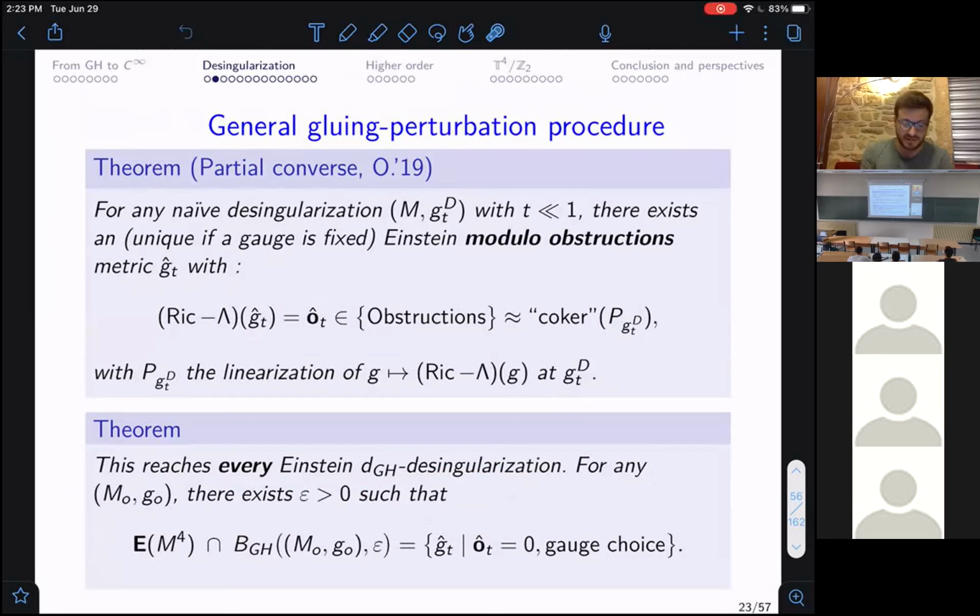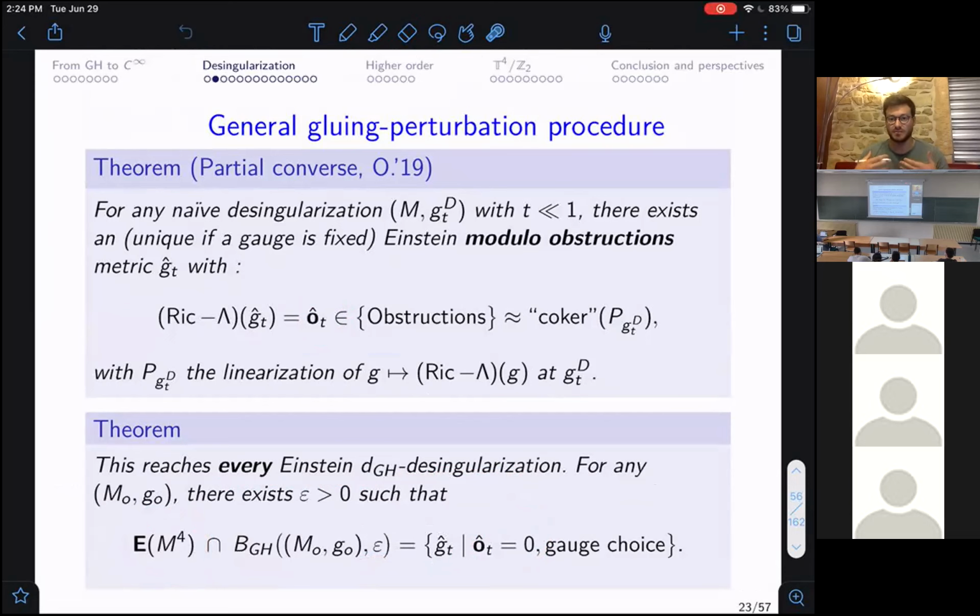So we have constructed every single Einstein metric. The question now is, when does this equal 0? And when it does, we have exactly an Einstein metric. And so we have reconstructed a whole neighborhood in a Gromov-Hausdorff sense of the moduli space, close to one of these orbifolds. So that's why these metrics G hat T are useful.